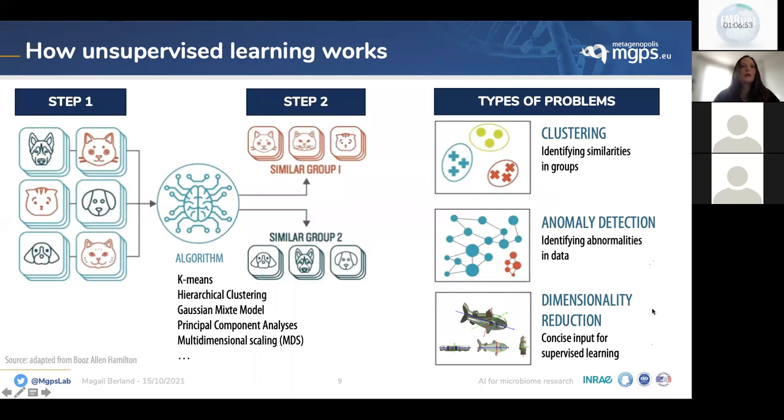So let's see how unsupervised learning works. The first step, you need your data. So here, data are pictures of dogs or cats. And you can choose an algorithm, a popular algorithm to do unsupervised learning. There are K-means, hierarchical clustering, or principal component analysis.